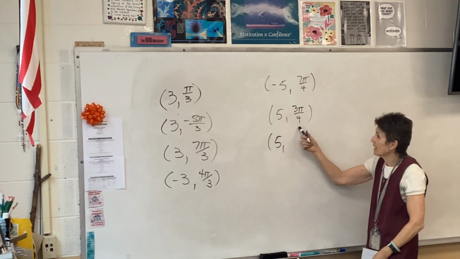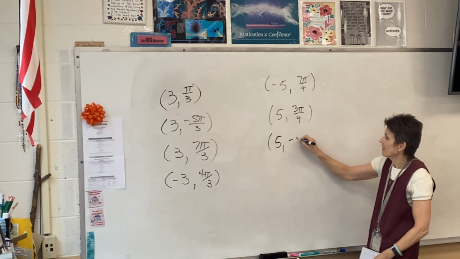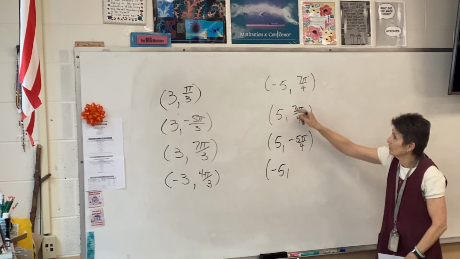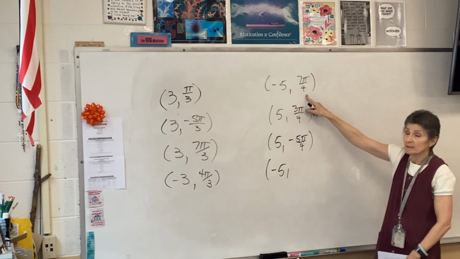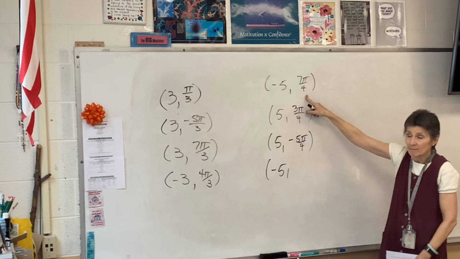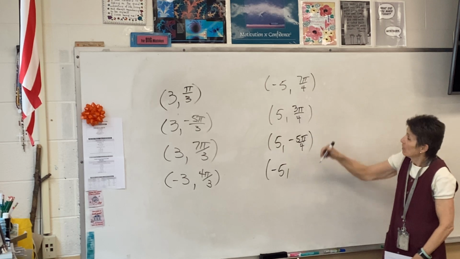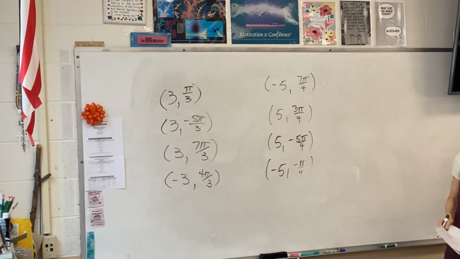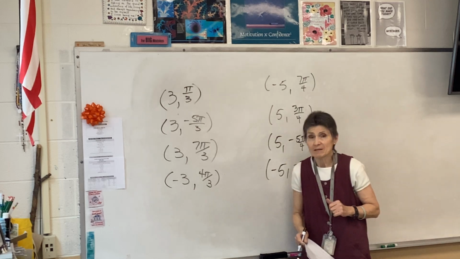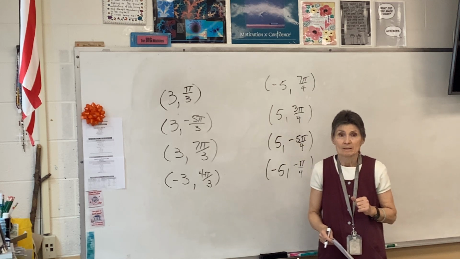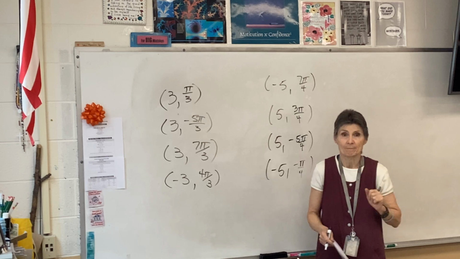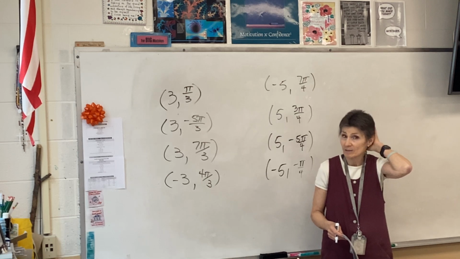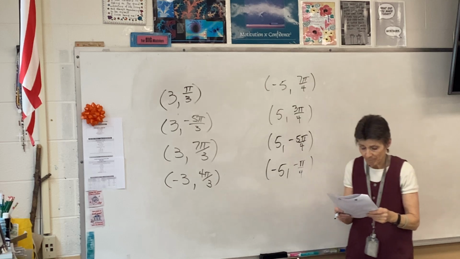Well, obviously, if I subtract 2 pi, that could be negative pi over 4. If I go back to the original negative radius, I could subtract 2 pi from that, and that would be negative pi over 4. So there are lots and lots of possible answers. Just remember that if you are leaving your radius the same, you are going to add or subtract 2 pi. If you are changing your radius to a negative or a positive, changing the sign, you're going to add or subtract pi.